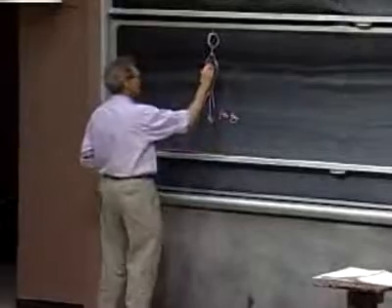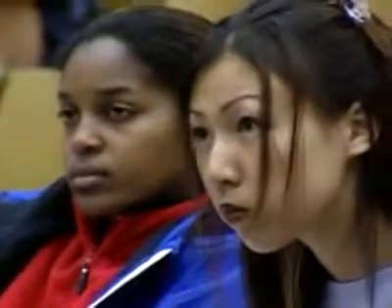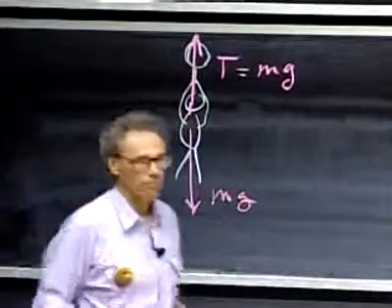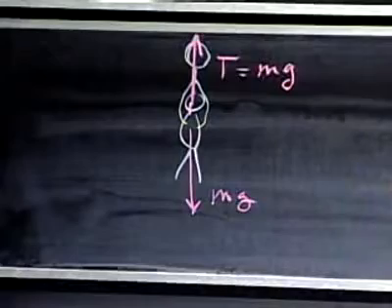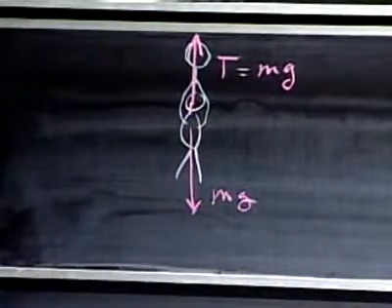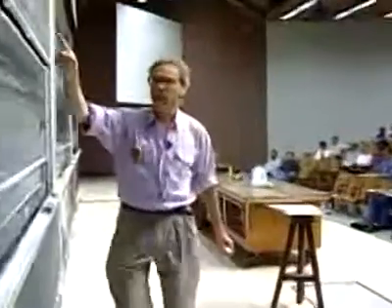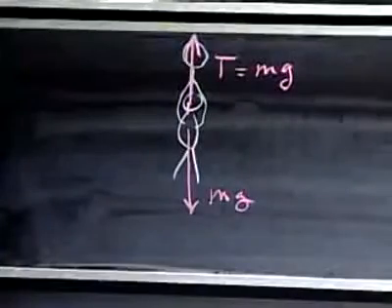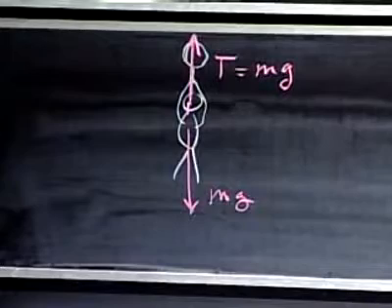And so there must be a tension in this string, T, which is pulling you up, which, if there is no acceleration, must be mg. I read the scale, and I read my weight. This scale indicates, in my case, 165 pounds. While I'm hanging, I can see my weight.